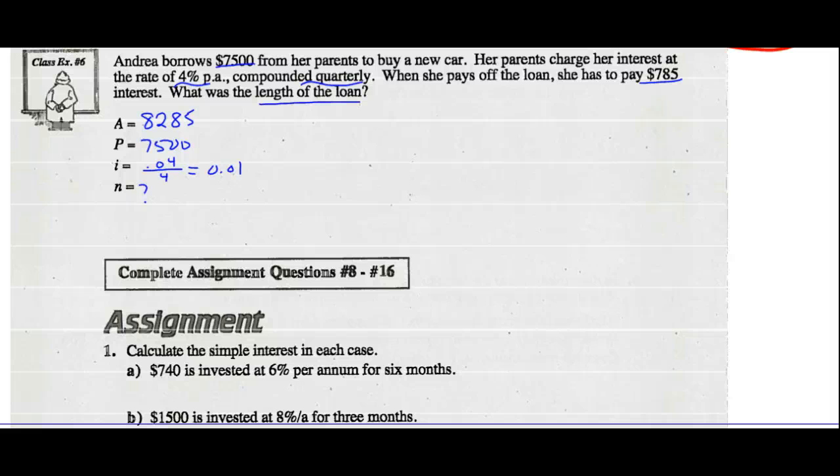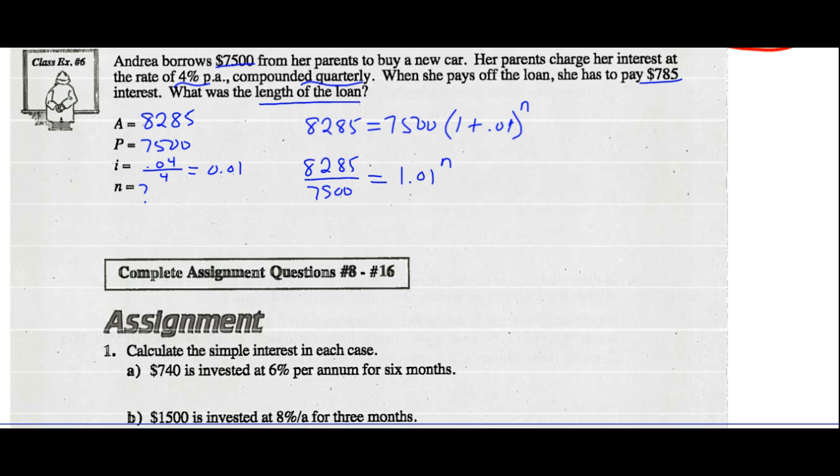All right, so let's use our formula. Final amount, 8,285, equals our principal, 7,500, times 1 plus I, which is 0.01, to the exponent N. So we're going to divide both sides by 7,500. So we get 8,285 divided by 7,500 equals 1.01 to the exponent N. Now we said earlier if I take the common log of both sides, this will work.